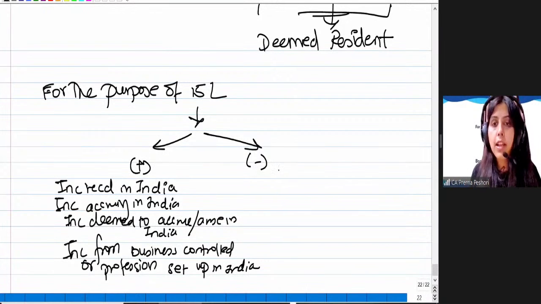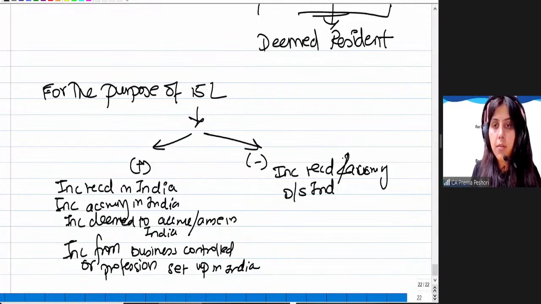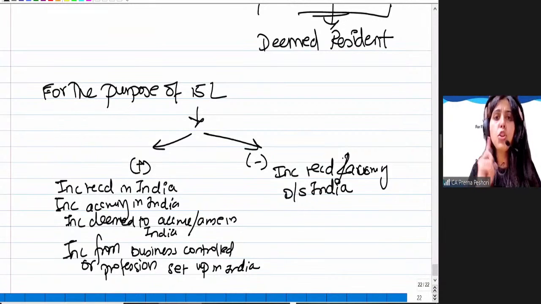And what you will exclude? Income received and accruing outside India.